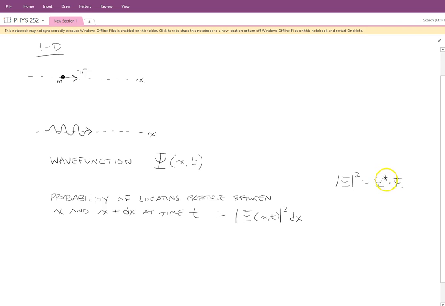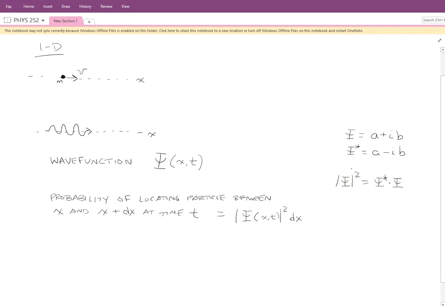The complex conjugate is symbolized by this little asterisk. And what that means is, if you represent the values of the function in complex form as a real part a plus i times the imaginary part, b, so if the value of psi at some x and t can be represented like that, the complex conjugate means you just replace i with minus i. Okay? That's what it means.